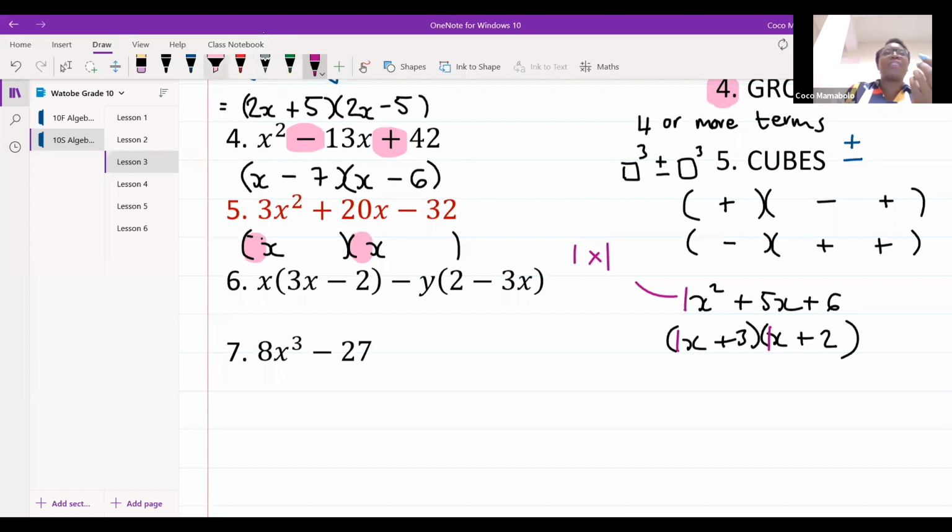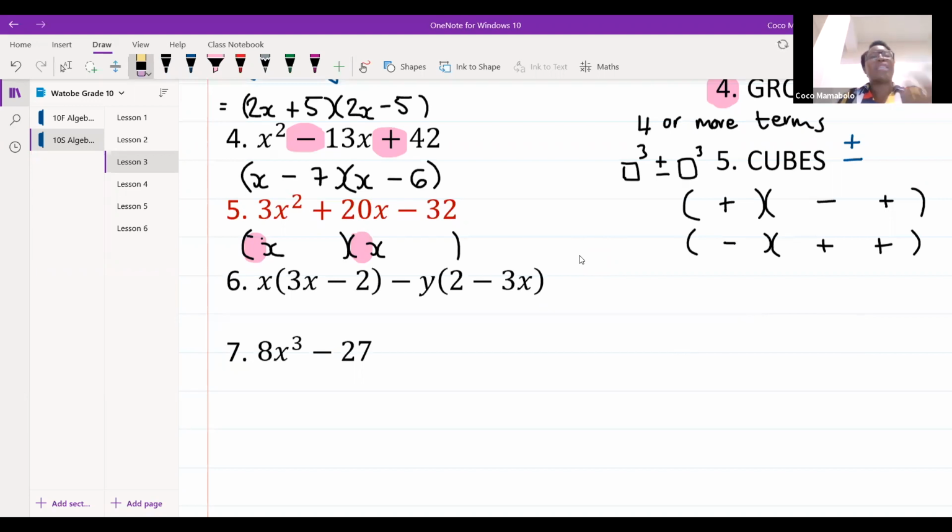But now if we look at this number that we've got here, I have to now look for the factors of 3, because 3 is sitting in front of my 3x squared, of my x squared. Tell me in the chat, guys, what are the factors of 3? What are the 2 factors of 3? And I'm saying 2 because it's a prime number.